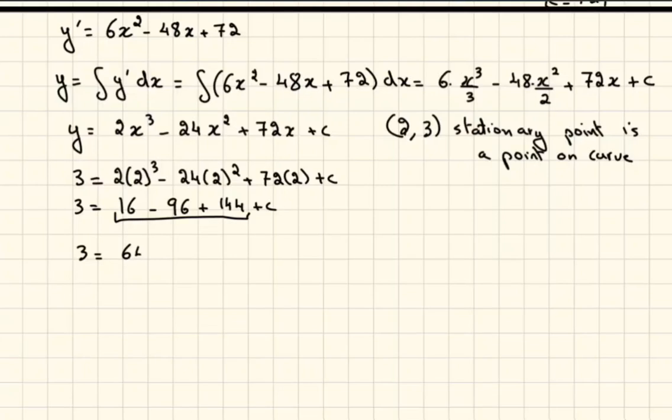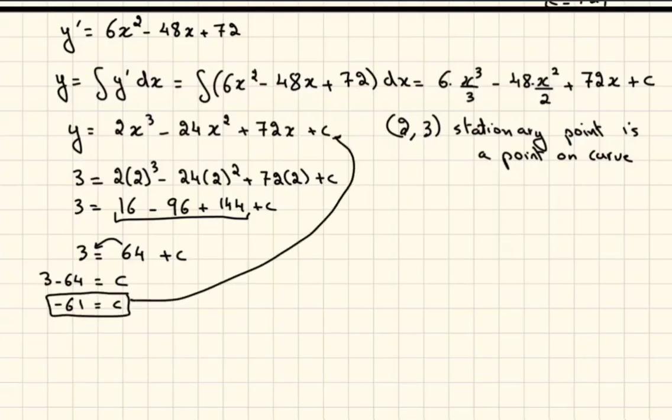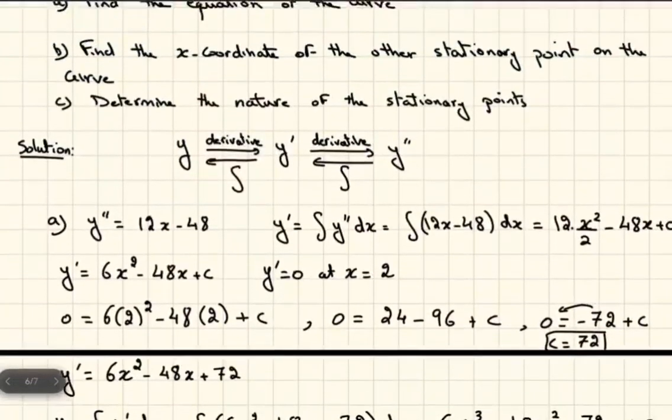It will be 64, positive 64. To find c, we take it to the other side. So c will be 3 minus 64, which is negative 61. Now I take this to y, and we get y equals 2x cubed minus 24x squared plus 72x minus 61. So this is the answer of part A.